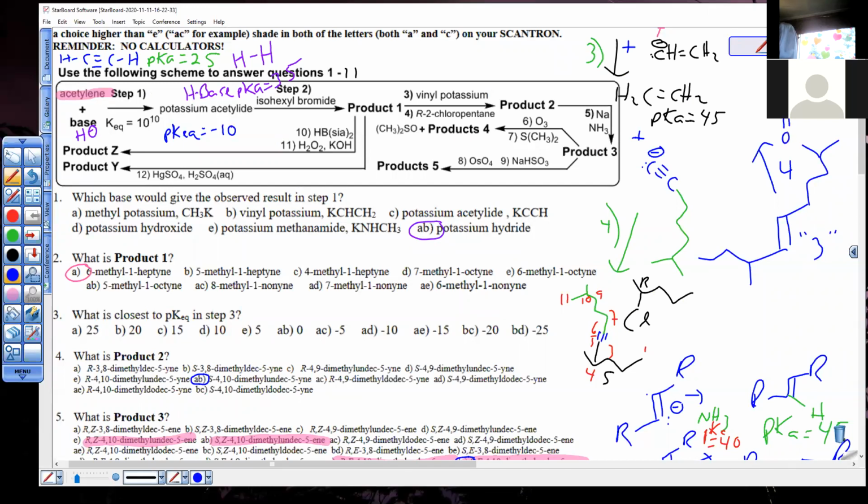Double bond there. Double bond there. Why? Because this is called ozonolysis. And what happens during ozonolysis is you cut the double bond in half and you put a carbonyl there and a carbonyl there on both halves. So there's that and there's that. And these are both aldehydes.